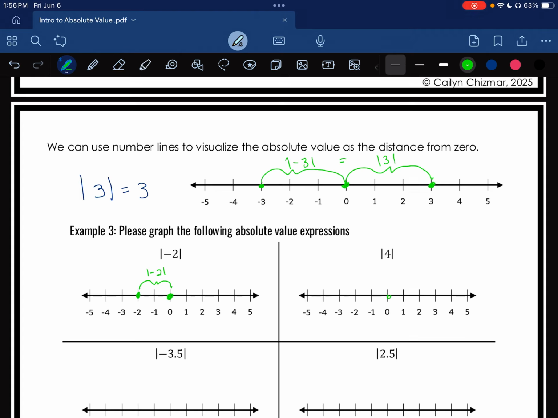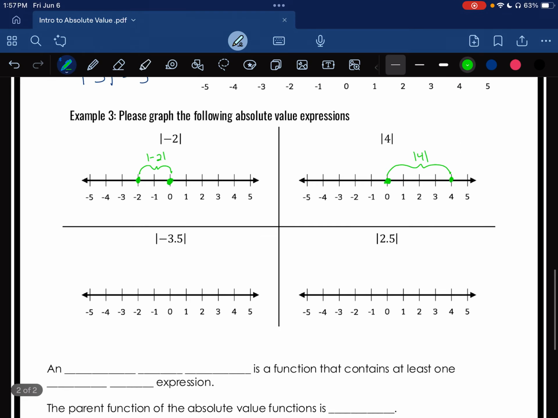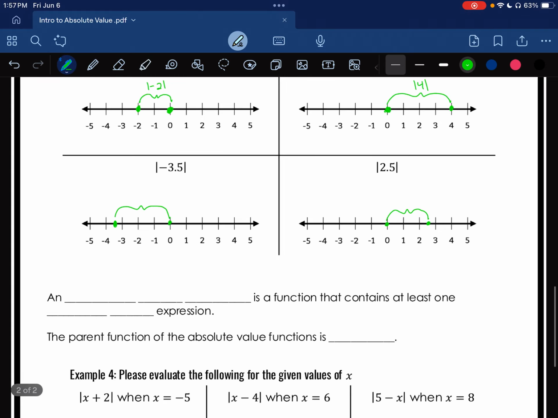The absolute value of 4 is telling us this distance right here. -3.5 is around here, and this is 0, so it's showing us this distance here. 2.5 is about here, so it's showing us this distance here.